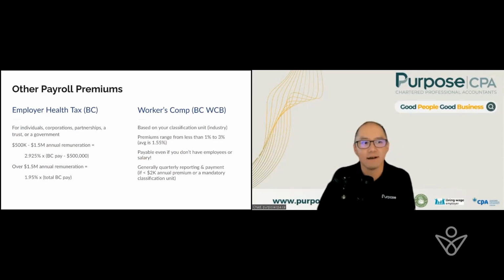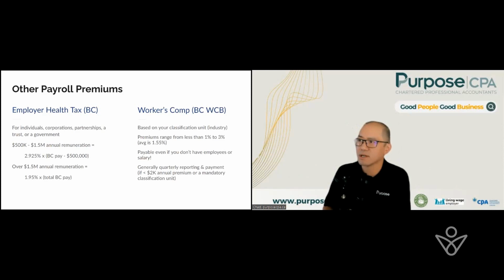Add to that, here in BC, we also have the employer health tax, EHT, for larger companies that are providing total remuneration over $500,000. There are definitely many businesses that meet that, and there are certain rates to pay.